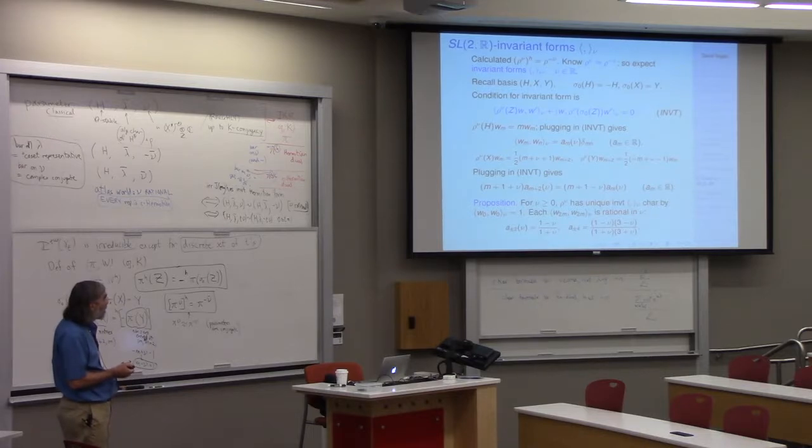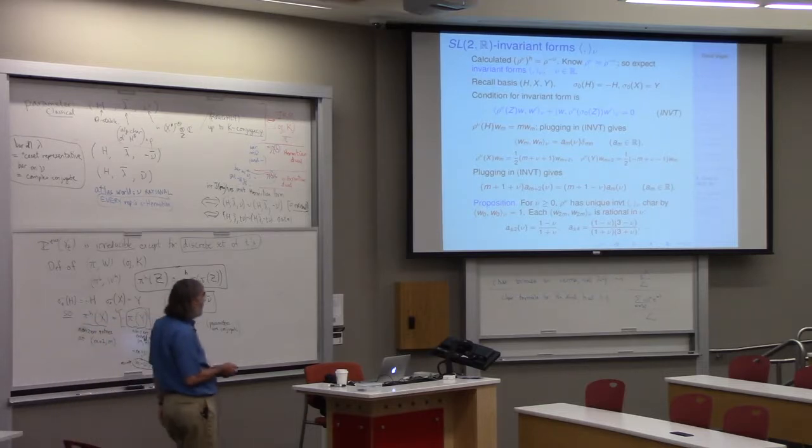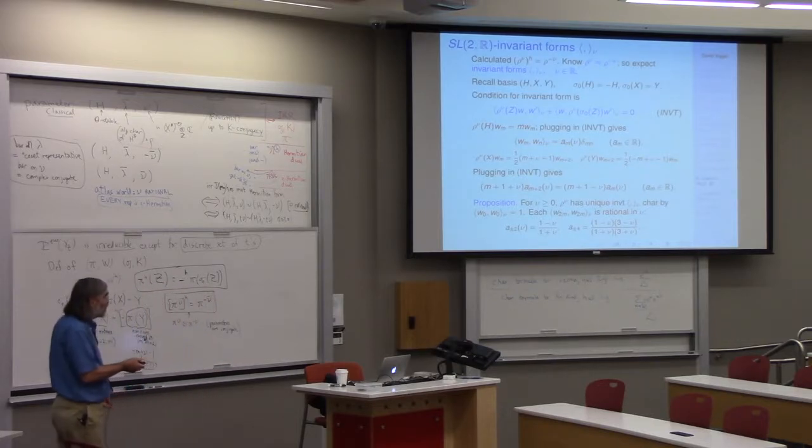And then if you look at this first recursion relation with m equals 0, that tells you that A plus or minus 2 has to be 1 minus nu over 1 plus nu. And A plus or minus 4, you get 2 factors.